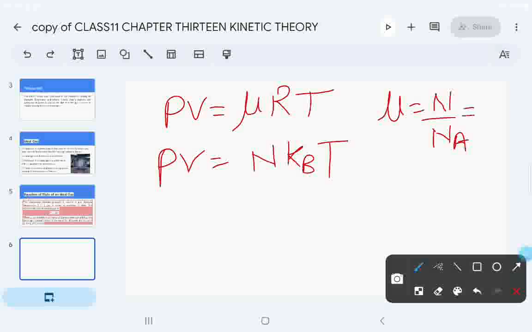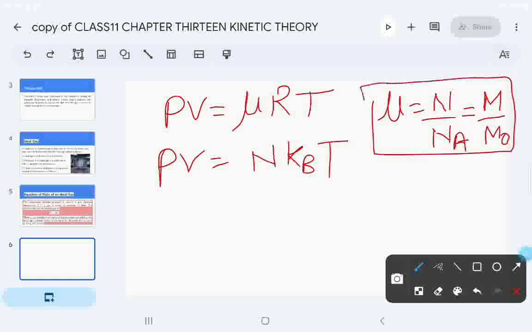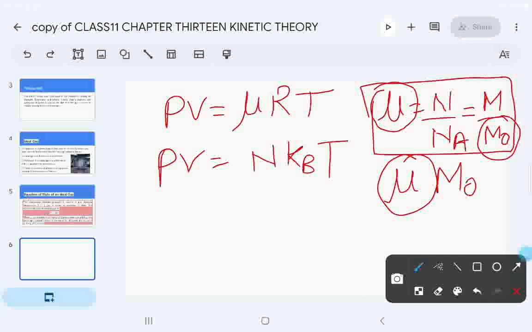You can also write mu as the total mass of the gas upon the molar mass, m naught. Because if we use the concept of mole, mu into m naught, where m naught is the molar mass, gives you the total mass of the object. The number of moles into the mass of 1 mole equals the total mass.